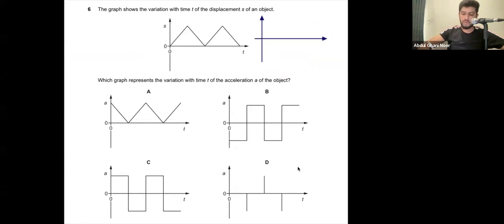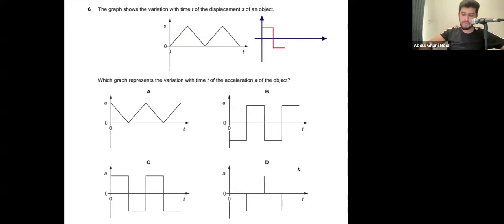Initially the gradient is constant and positive. So positive and constant, something like this. Then the gradient is constant and negative, and the slope is the same magnitude, so we draw it on the other side. Here we go.